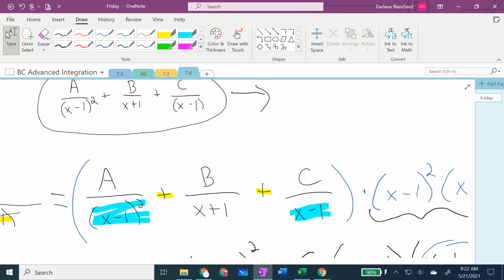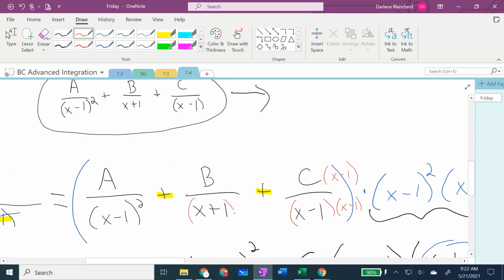So if I look at this, if I was getting the common denominator, this would need to multiply by x minus 1. This would need to multiply by x minus 1 squared. And this would need to multiply by x plus 1.